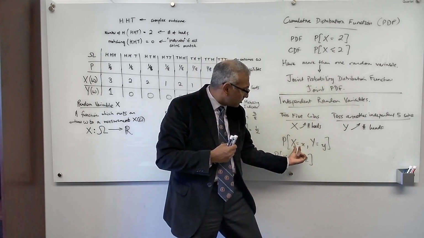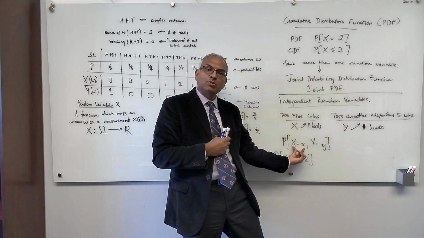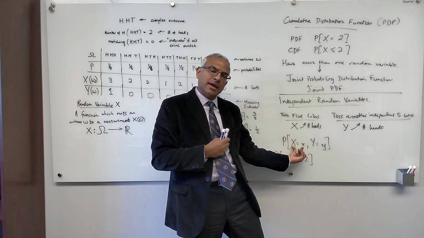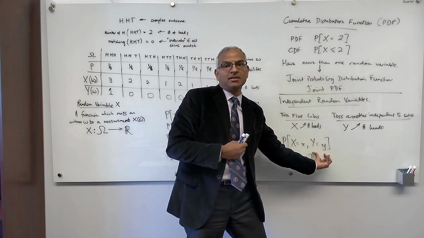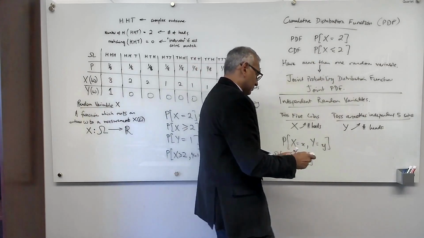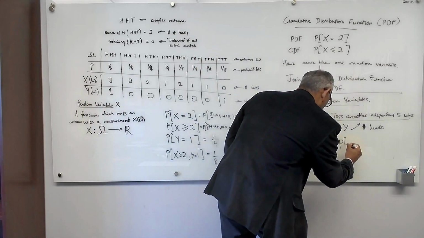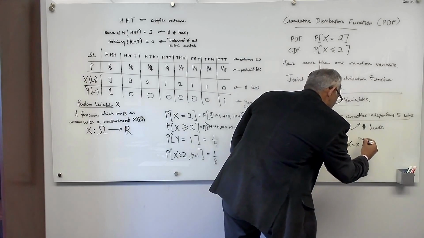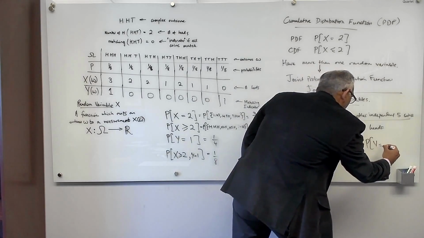And the probability of something happening with random variable x and a totally independent random variable y is exactly what we would expect. It's the product. So this is going to equal the probability that x equals x times the probability that y equals y.